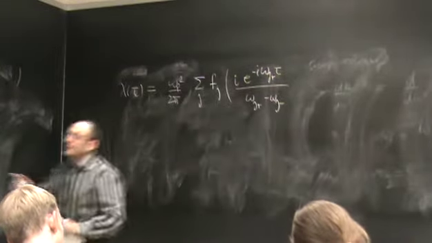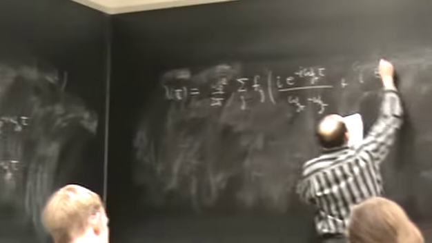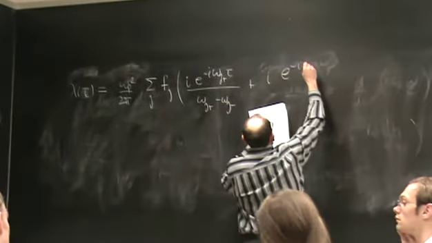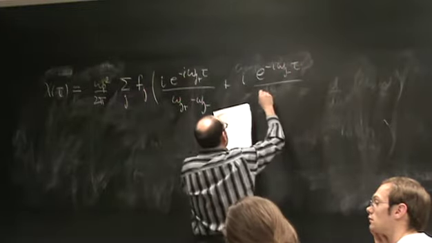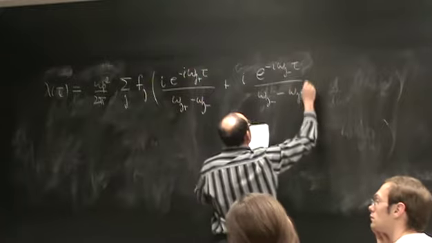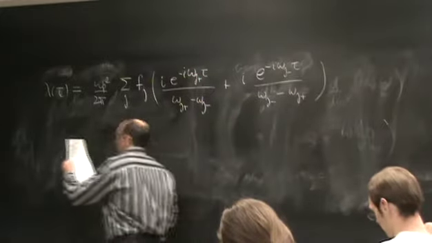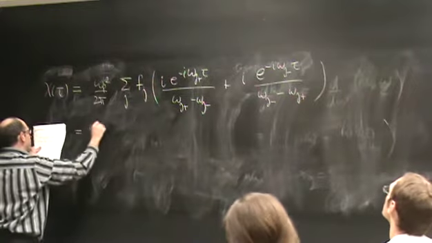This i is that i. And then the other residue. When you simplify that, you get the following expression.